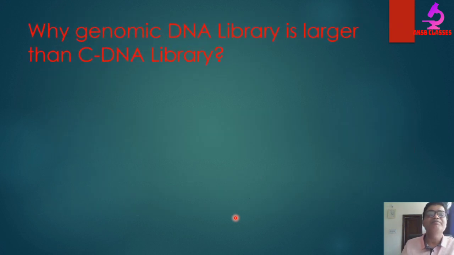Next query is, why is genomic library larger than cDNA library? You know, it is just like a school library and a departmental library. In a departmental library, they get a small number of books and they are specific books, whether the department of chemistry or physics or biotechnology.